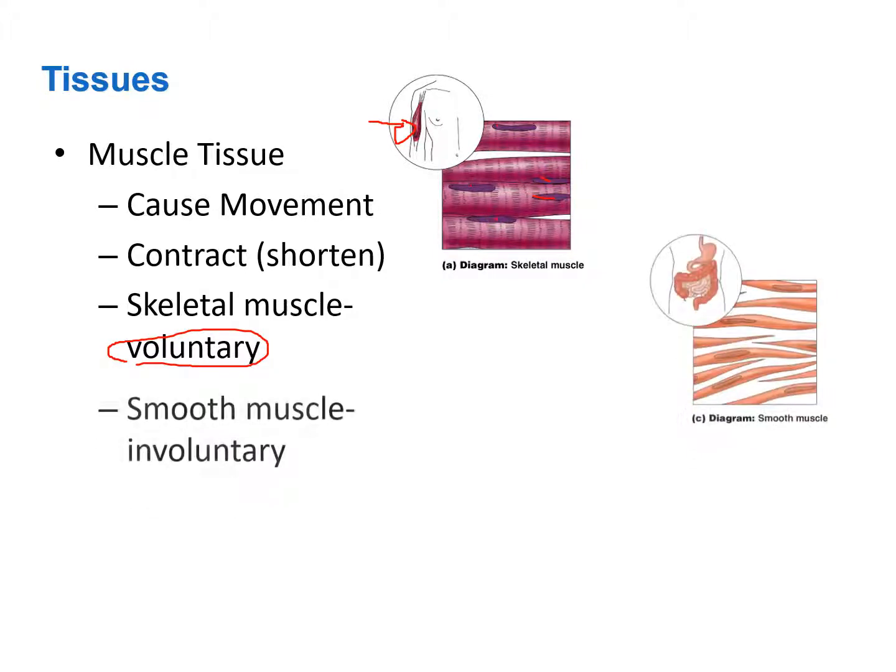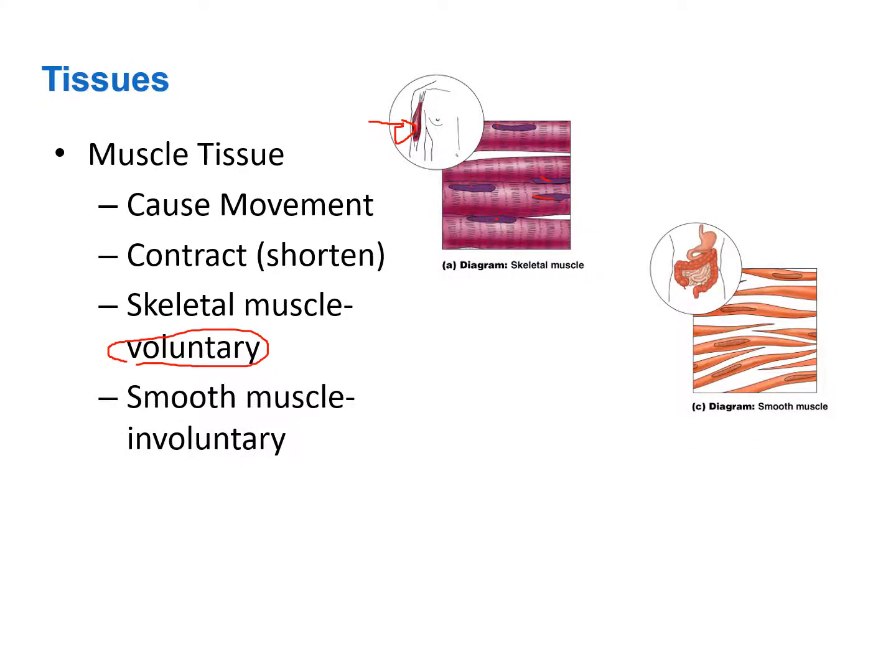The second one is going to be smooth, right? So you're going to find these in your digestive tract. And again, these are going to be involuntary, right? You don't have the ability to kind of say that you want to hold on to your meal for an extra hour, right? Or you want to move your food from your stomach to your duodenum, right?